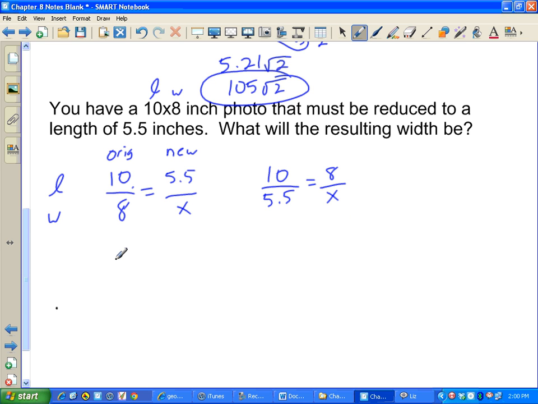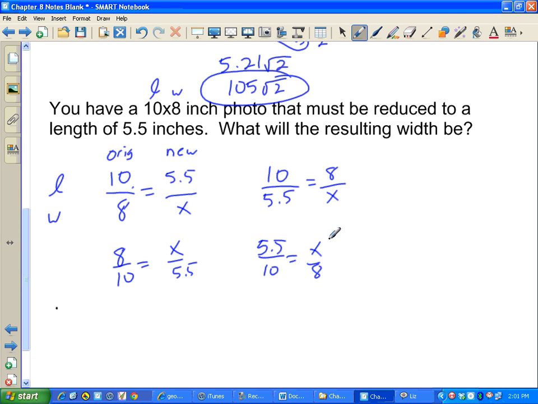And of course I could reciprocate all these too, so I could have 8/10 has to equal x over 5.5. That's our reciprocal property. I could switch the means, which is basically what I did here. I just switched 8 and 5.5. So we can switch means. I could reciprocate this one: 5.5 over 10 has to equal x over 8.